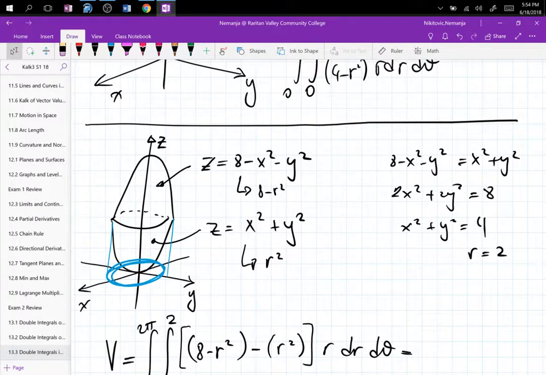This cannot be solved in the X and Y domain at all. But in this domain, it's a joke. If you look at the domain, it's the ring 2 to 4. So that's your R on the inner side, 2 to 4. It's the full circle, so 0 to 2 pi. Now what's left for the top?